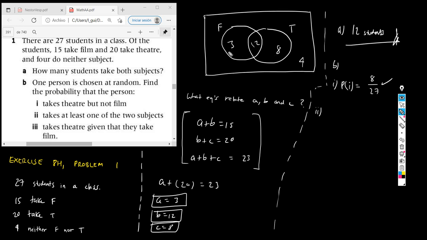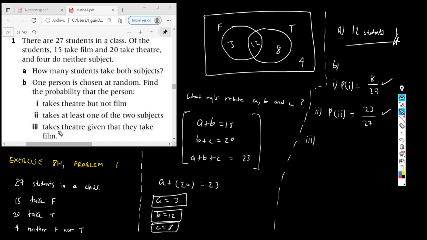But all of them, we can say that they take at least one of the two subjects. So all of these people are favorable to this event. So the probability of event 2 is equal to all of these people, which is 23, over the number of students, which is 27.